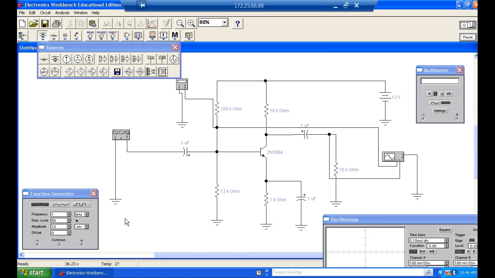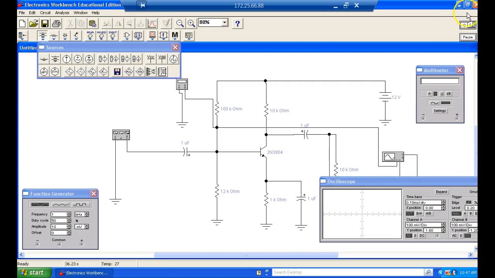What would the output be? A gain of 120, 10 millivolts times 120, what would that give us? 1.2? Okay.